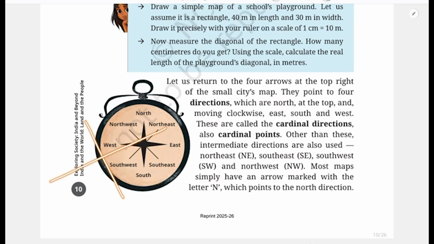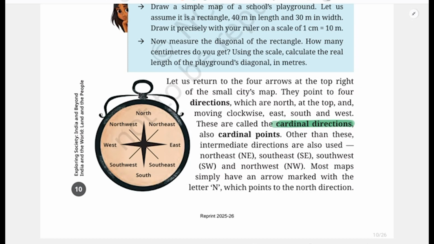So let us now understand what the marked arrows on the map are: north, south, east and west. They point to the four, that is N means north at the top, and moving clockwise, that is east, and then south and west, and they are called the cardinal directions, also called the cardinal points.